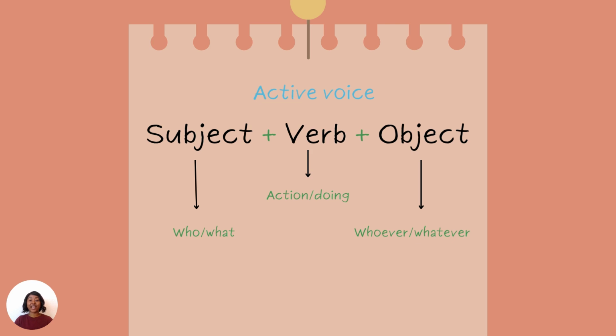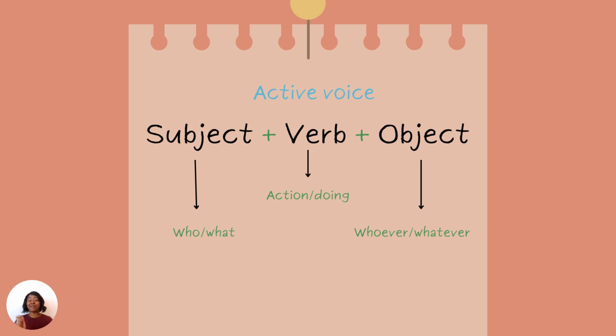So the subject is usually someone or something, and the verb is an action word, so doing an action to an object, also someone or something. Okay, so a who or a what is doing an action to whoever or whatever. Okay, so that is the active voice, the basic English language sentence structure.